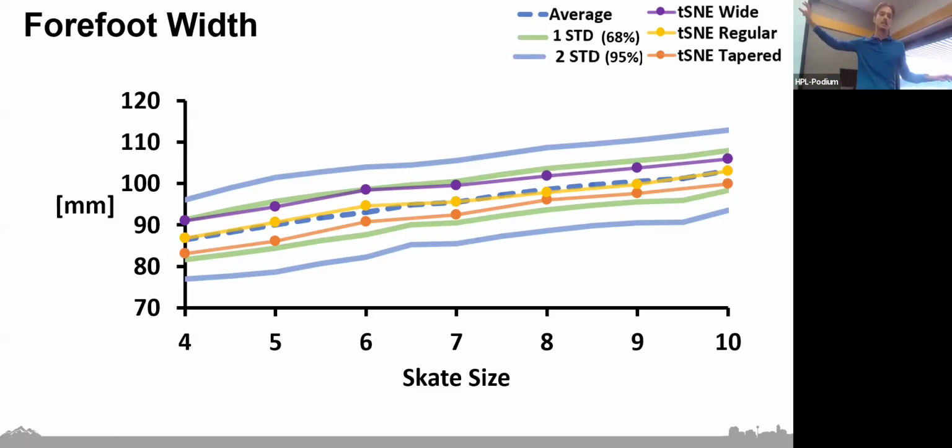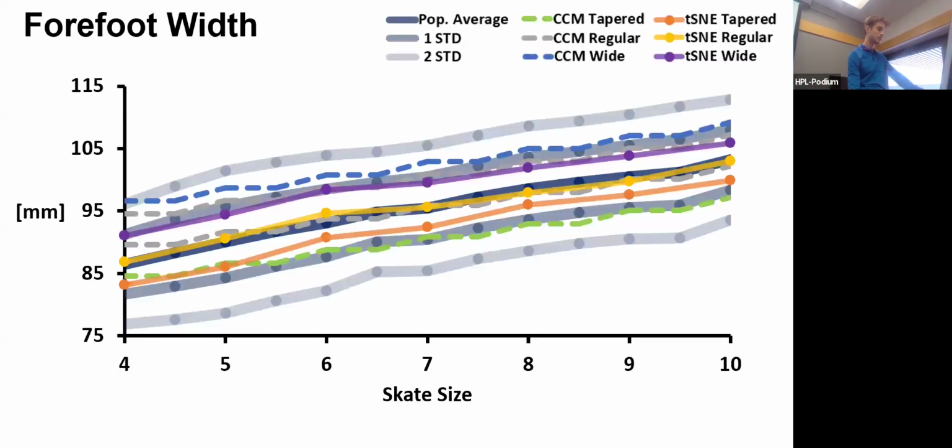And you can see that the TSNE shapes show up at 1 standard deviation, at least in forefoot width. So if I now make this plot even messier and add the CCM shapes, the dotted lines here are the CCM fits.